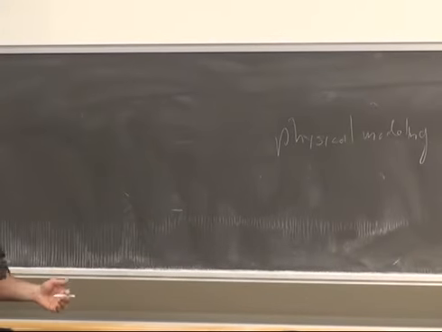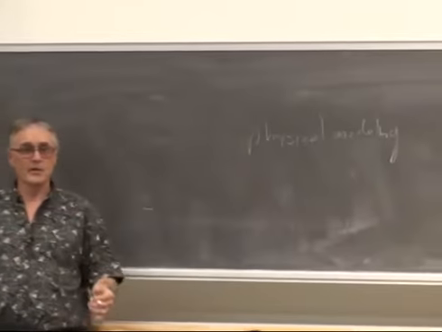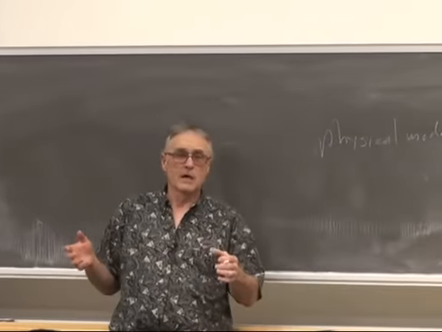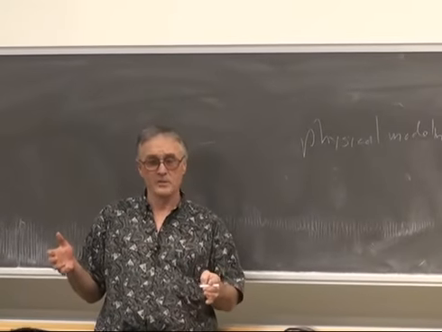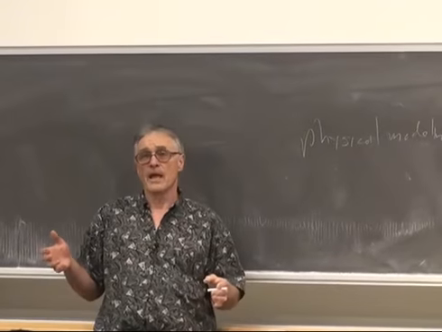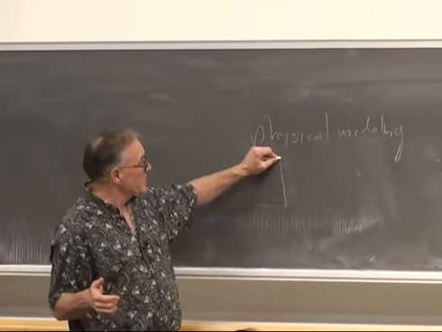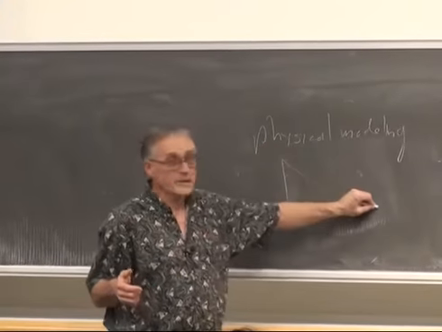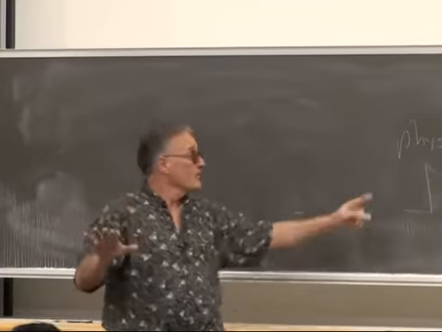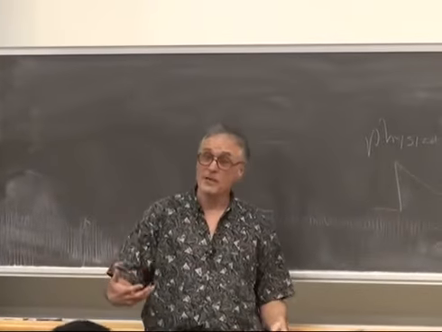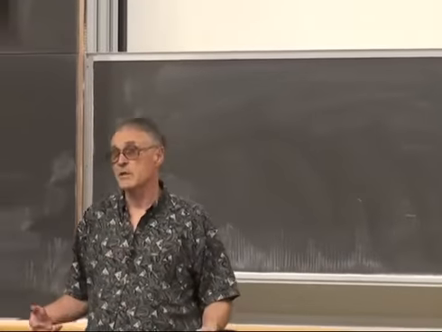If you pluck a string in physical modeling, then you're putting a high bandwidth, almost impulse-like function onto the string, and that results in a very fast attack and an almost exponential decay. So for physical modeling, the shape of the envelope is part of the simulation itself.